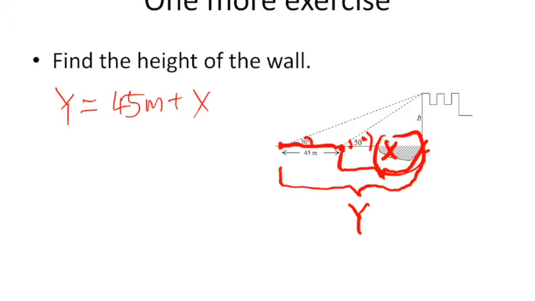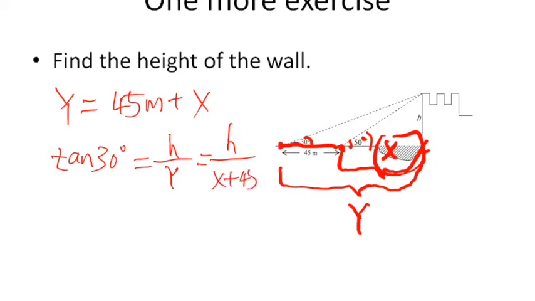And from trigonometry, we should have tan 30 degrees equals h over y, which also equals h over x plus 45 meters.